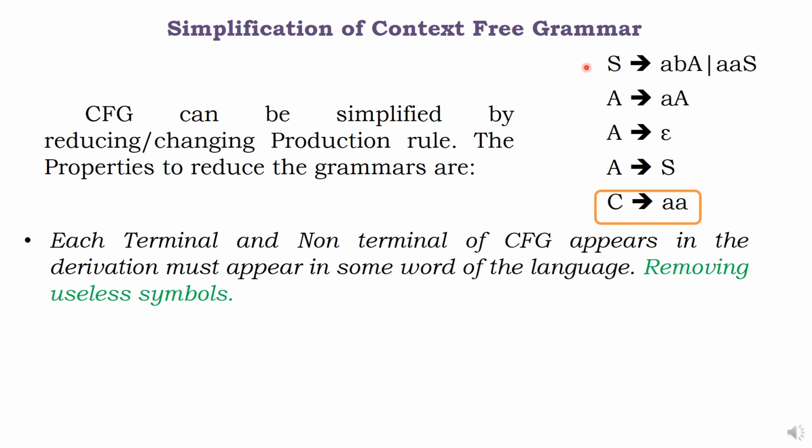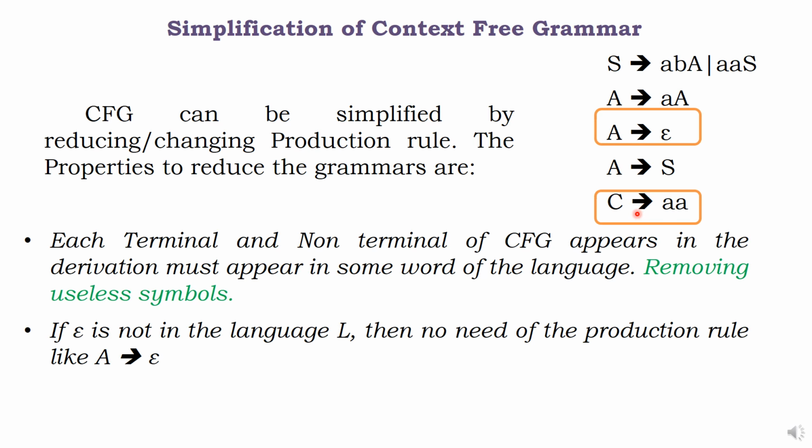The starting symbol is S, but nowhere is S related to C, which means C is not reachable from S. So we call C a non-reachable or useless symbol, and we can remove this particular symbol.